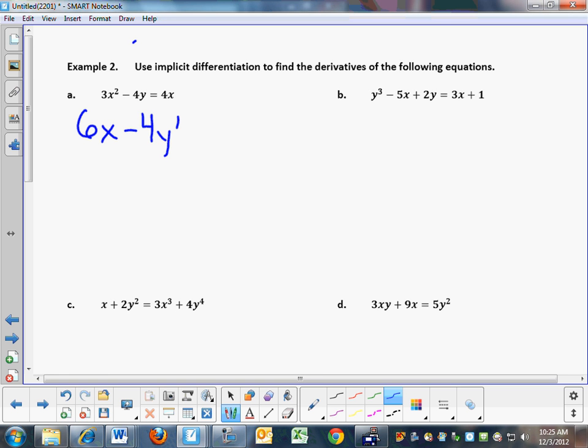Anytime you take the derivative of y, you have to attach a y prime. Equals, what's the derivative of 4x? 4. Now what? Subtract the 6x. And I get negative 4y prime equals 4 minus 6x. Now what?